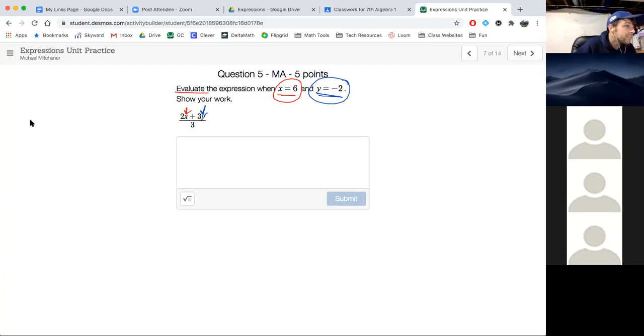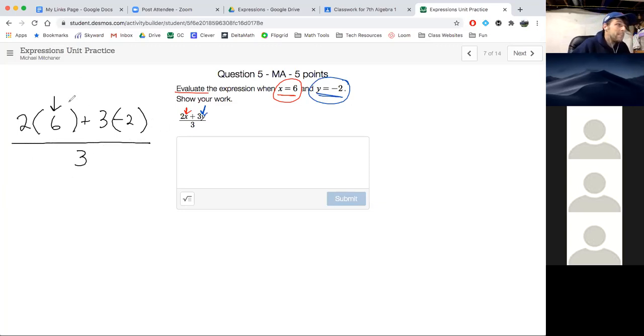So this means 2 times x. Now x is not an x anymore. We're going to replace it with a 6 plus 3 times y. But again, y is no longer y. It's going to be a -2 according to our equation there, right? All of that gets divided by 3.